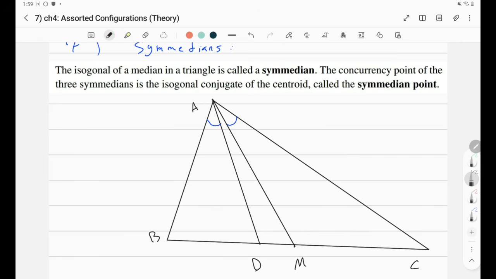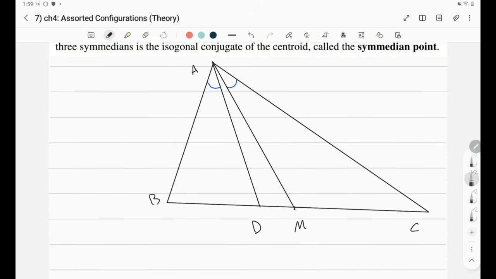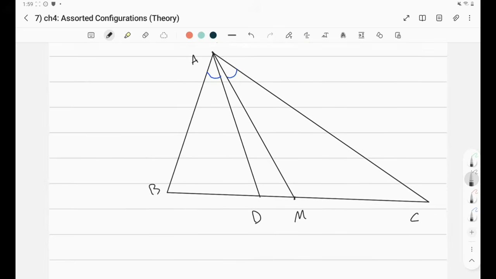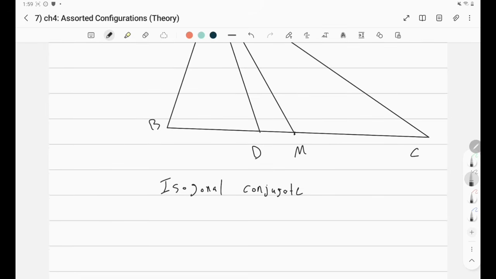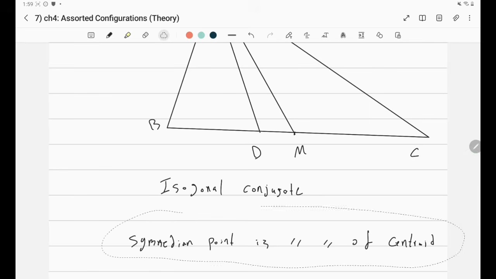And all of this is just based on the isogonal concurrency that we just proved. Let's write it here: the symmedian point is the isogonal conjugate of the centroid.